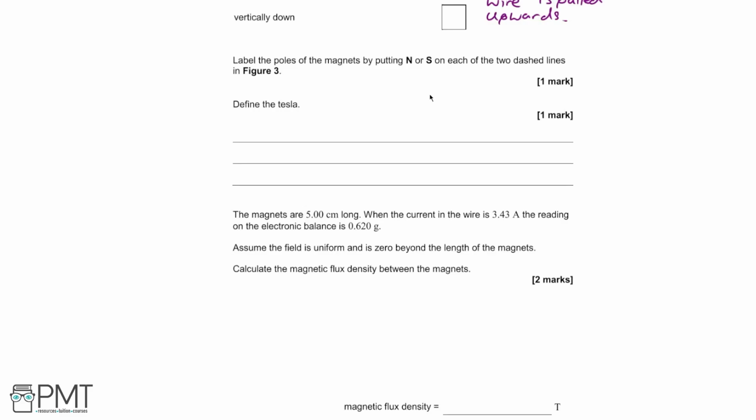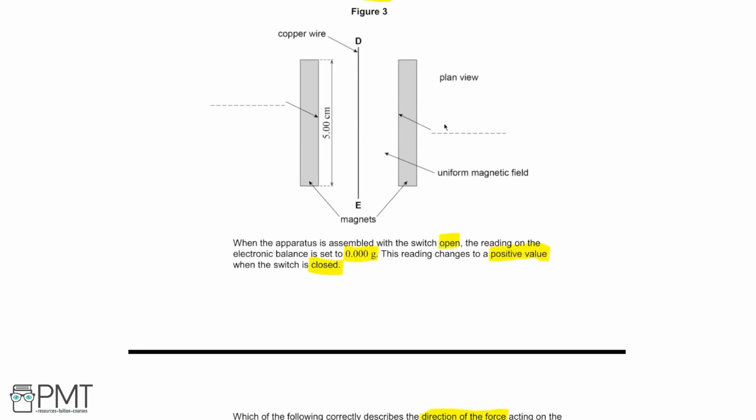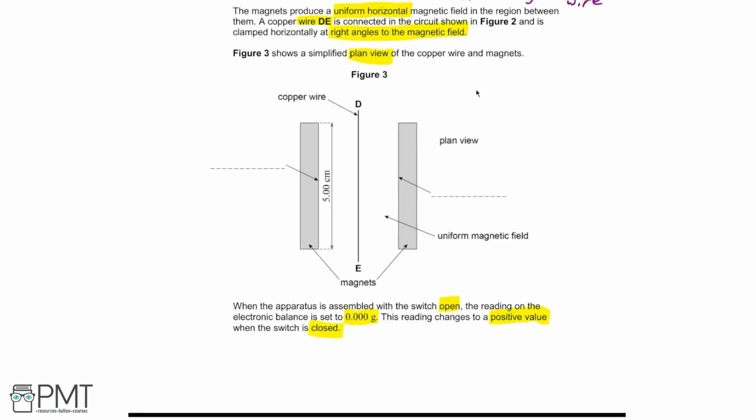The next part of the question says, label the poles of the magnets by putting north or south on each of the two dashed lines in figure 3. And figure 3 was the plan view of the diagram of the magnets. In order to do this, we need to use Fleming's left-hand rule, which says that if I have 3 different quantities, the force, the magnetic field, and a current, they will be aligned at right angles to each other in this arrangement.